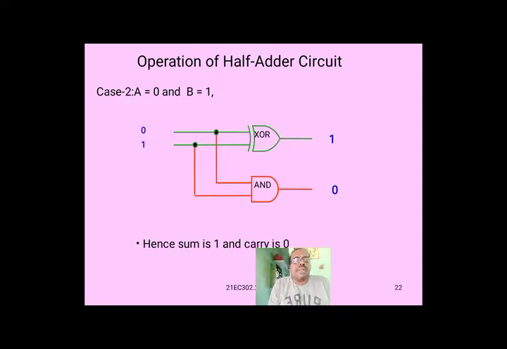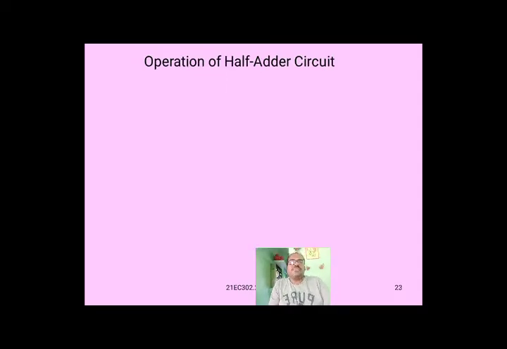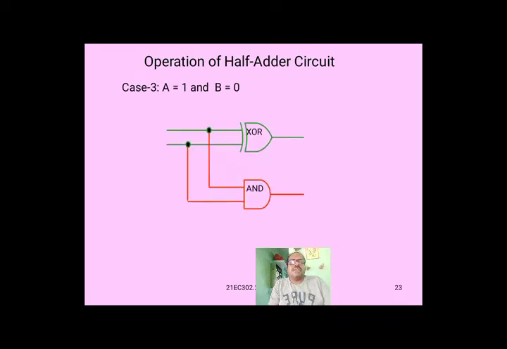Hence sum is 1 and carry is 0. Next, case 3. A equal to 1 and B equal to 0. Here we are giving the inputs 1, 0 to the XOR gate and AND gate. We get the XOR output 1 and the AND output 0. Hence, sum is 1 and carry is 0.